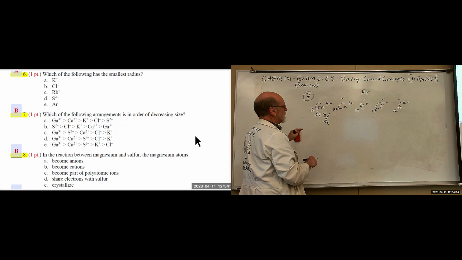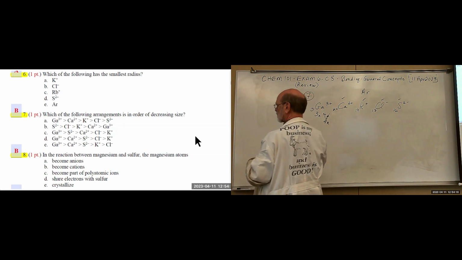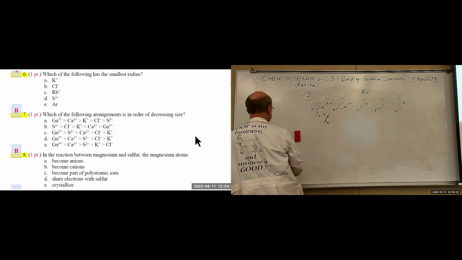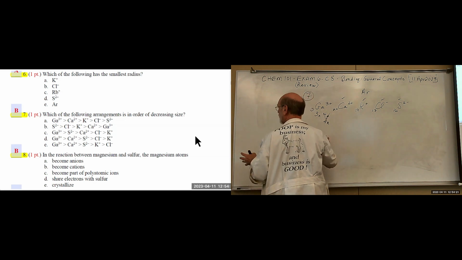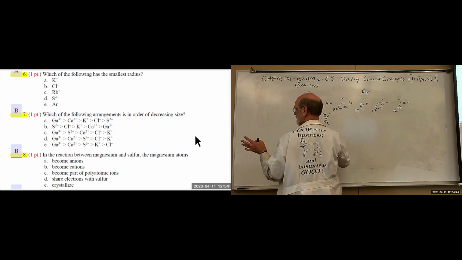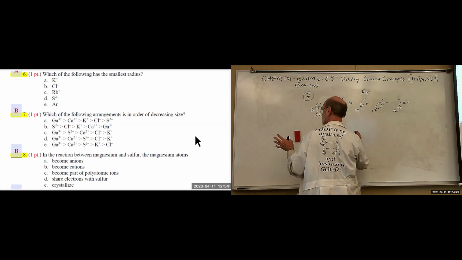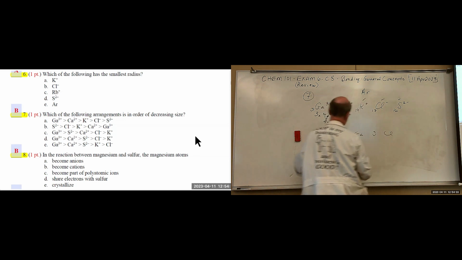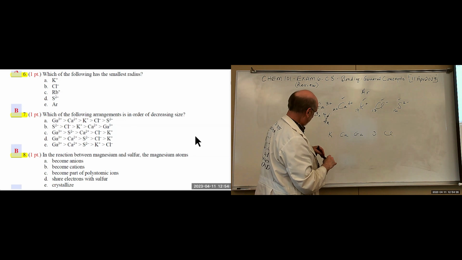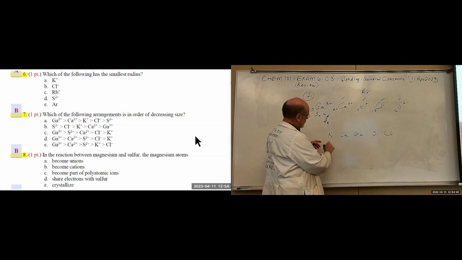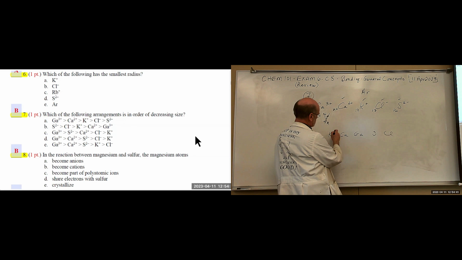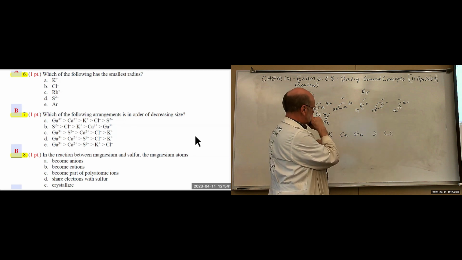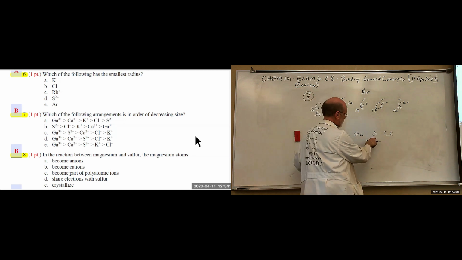All right, what's the atomic trend? Size goes from lower left to upper right, correct? So if we look at it that way, lower left, upper right: potassium, calcium, gallium, sulfur, and chlorine. And if this one loses 1 electron, but these are gaining electrons, right?